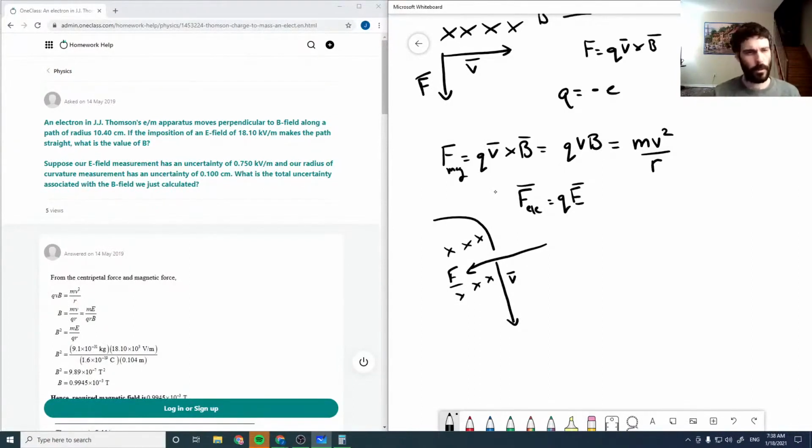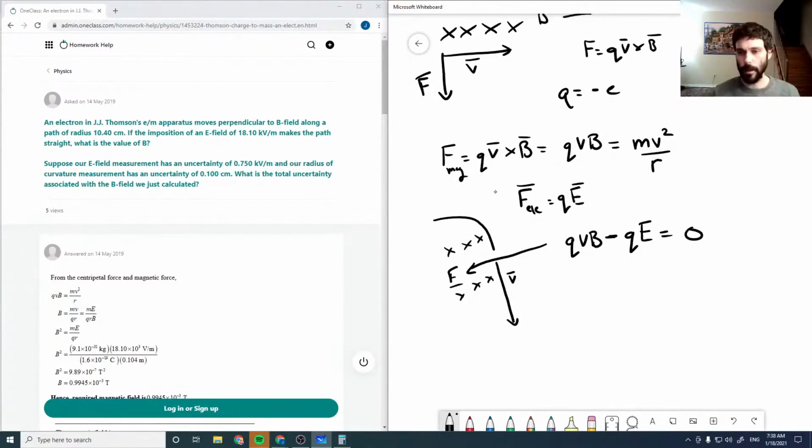All right, and so for it to fly straight, our QVB minus our QE must equal 0.